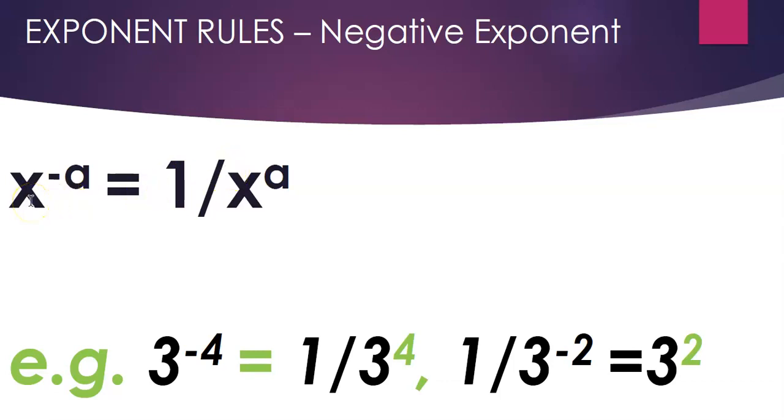So x raised to negative a is equal to 1 upon x raised to a. For example, 3 raised to negative 4 is 1 upon 3 to the power 4. 1 upon 3 raised to negative 2 is 3 squared.